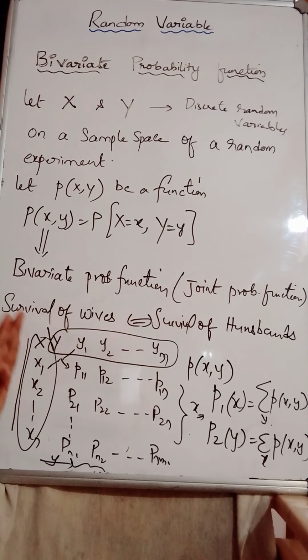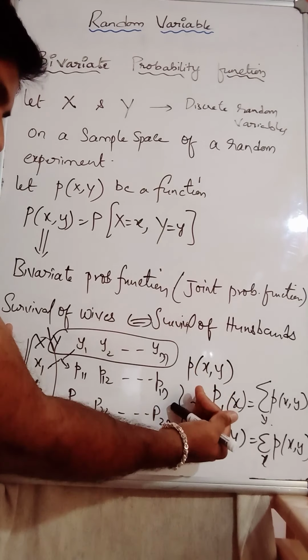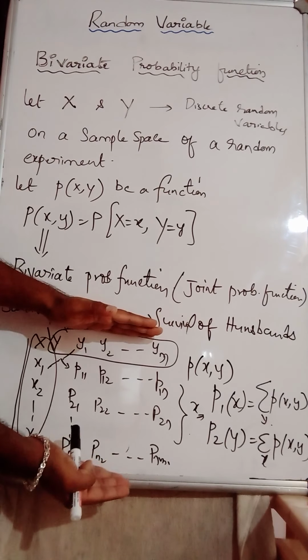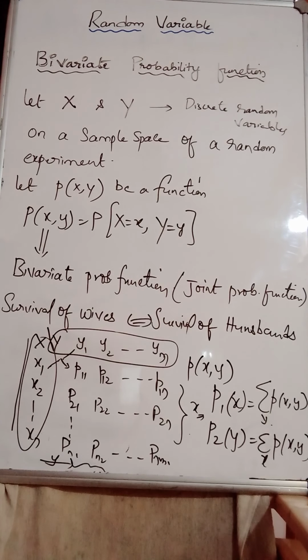Suppose X values, if these totals you are considering, these are marginal function of X. Y, these are marginal function of Y totals. Are you clear? So this is a concept of marginal probability function and bivariate probability function. So let us see the next basic definition. Independent random variables, addition theorem and multiplication theorem.